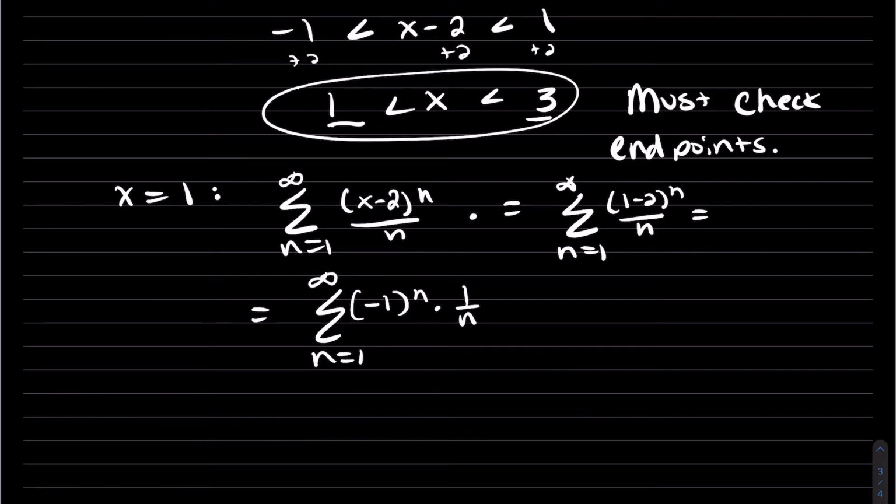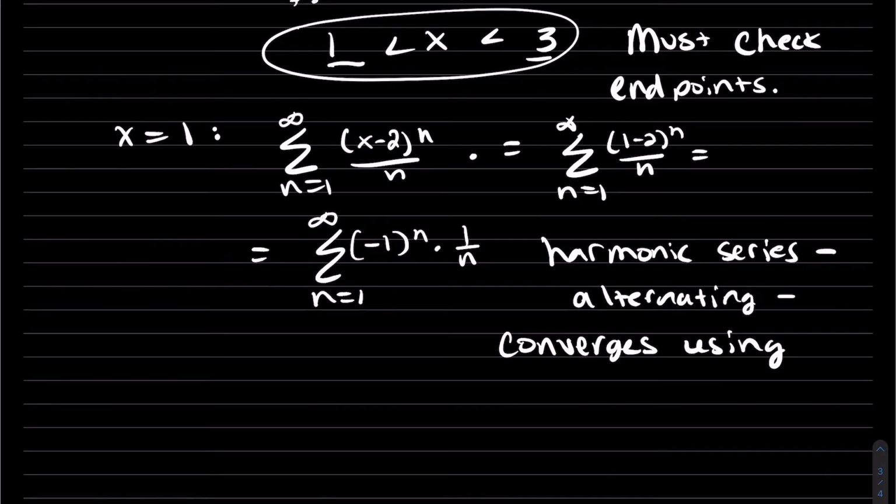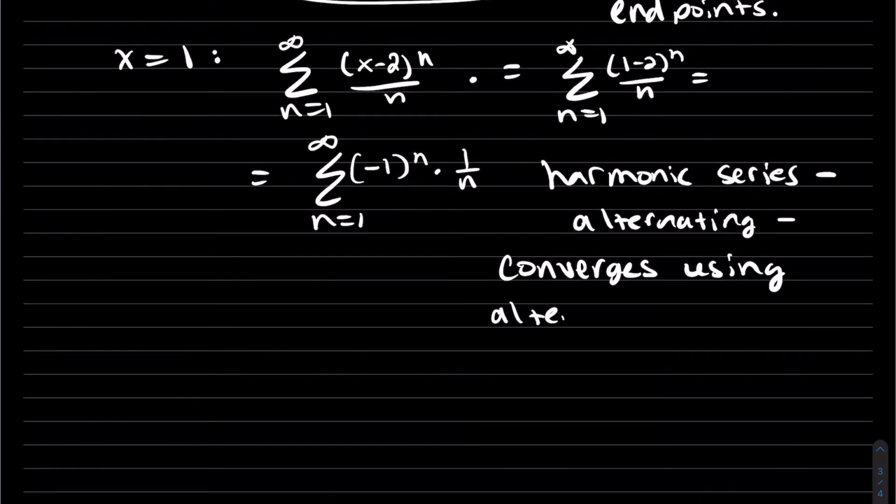So this looks like it's the harmonic series, which by itself does diverge, but since it's alternating, we apply the alternating series test. And this is our famous one that it does converge. So it converges using that alternating series test.